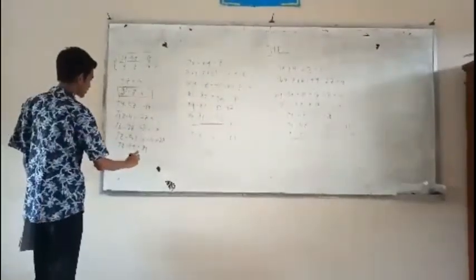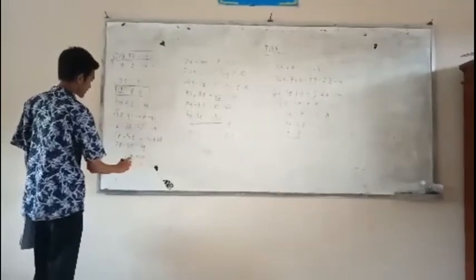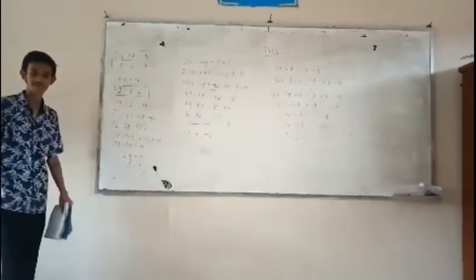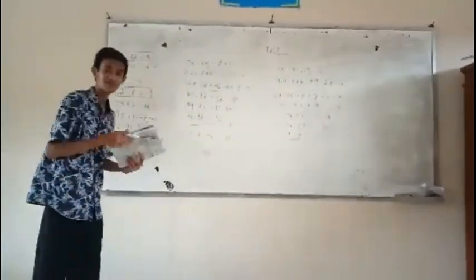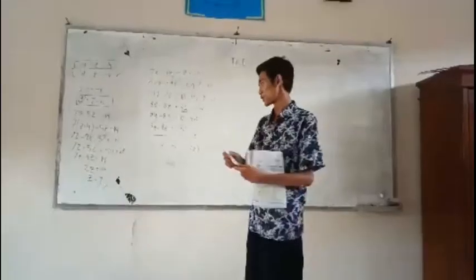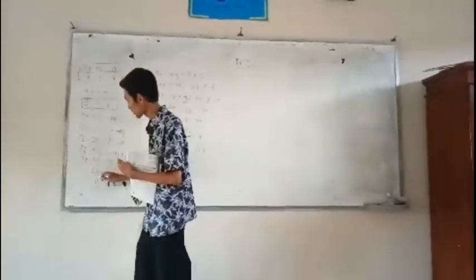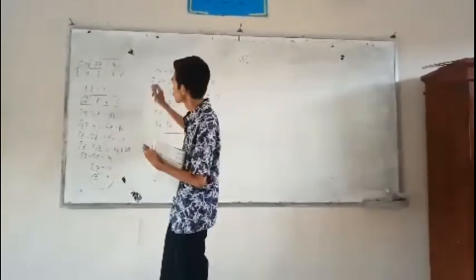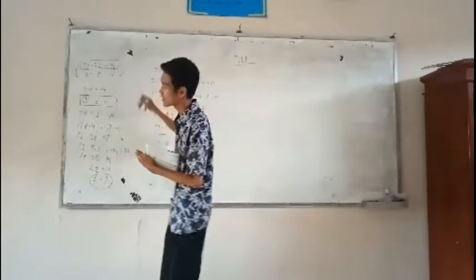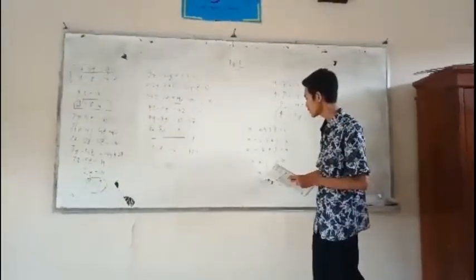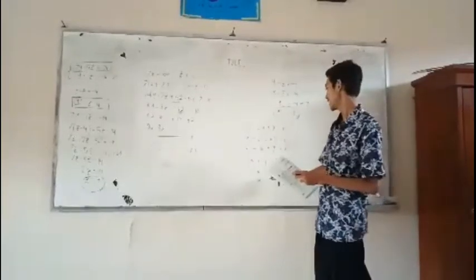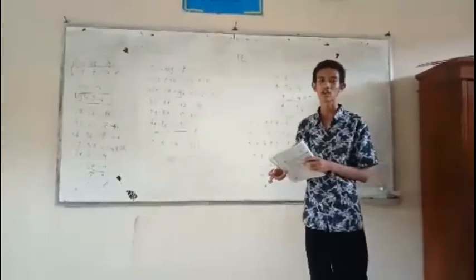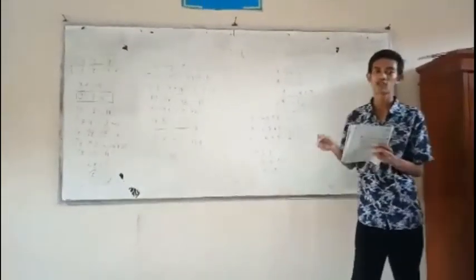2z equals 14. So z is 7. Now we get the value of x is 5. This is how the three variable equation is used to find the values of x, y, and z.